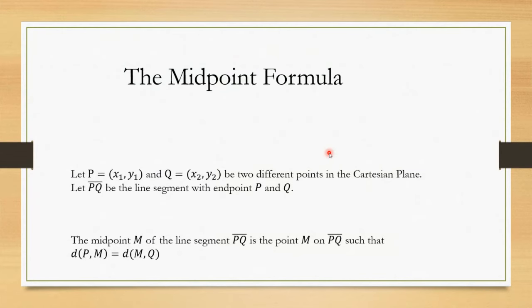Now, let's get to the wonderful midpoint formula. Basically, if we have two different points, these two points have to be different from each other, meaning they can't coincide when you plot them in the Cartesian plane.